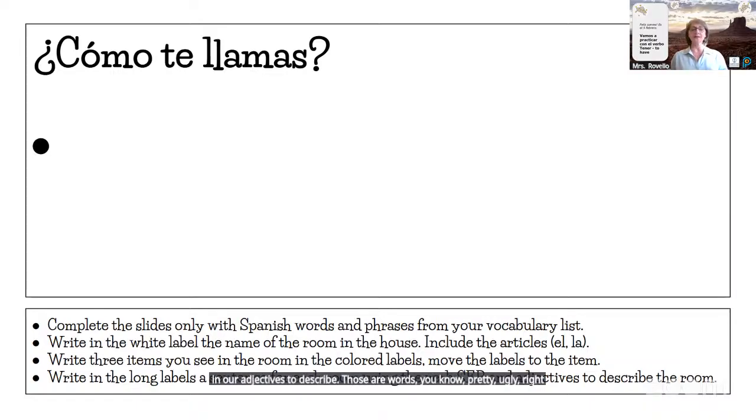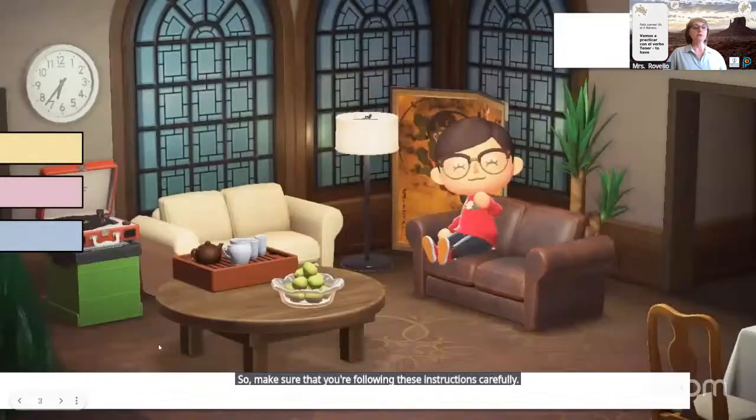All of those things. And it doesn't have to be the truth. Who cares about the truth? We're just practicing words, okay? Making sentences.